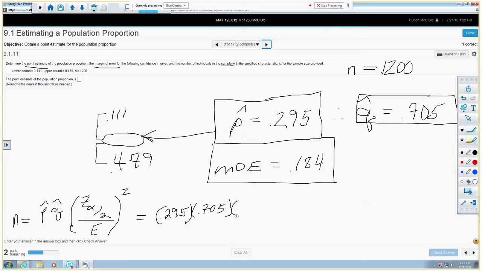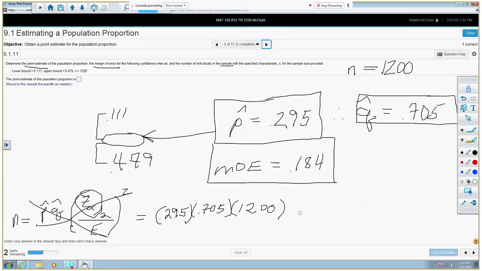So just erase this, because we don't have any alpha, so we can't do alpha over 2. So I think it's NPQ, where N is 1200. Somebody multiply 1200 by 0.705 by 0.295.